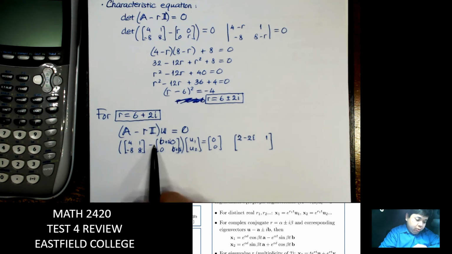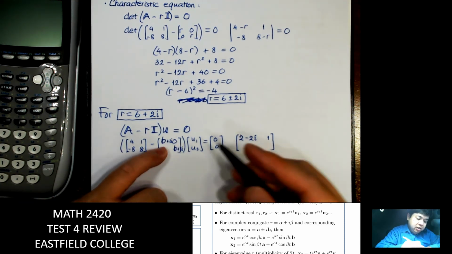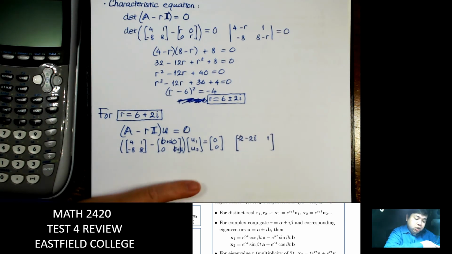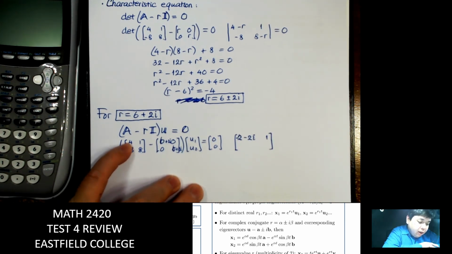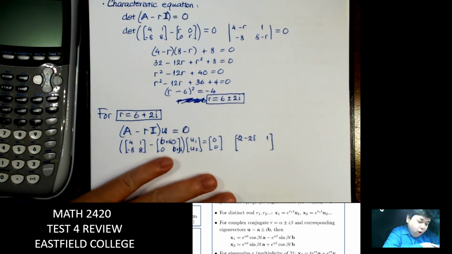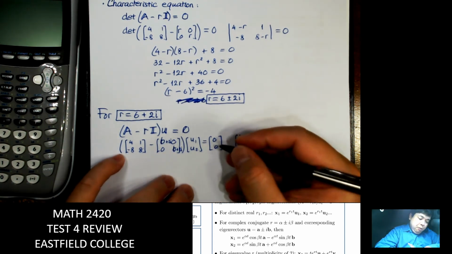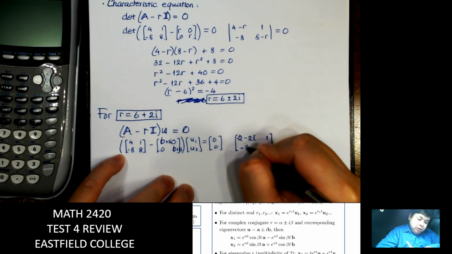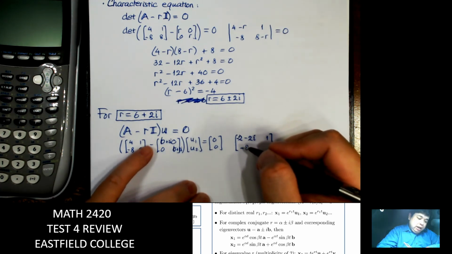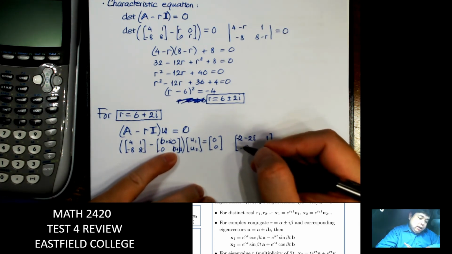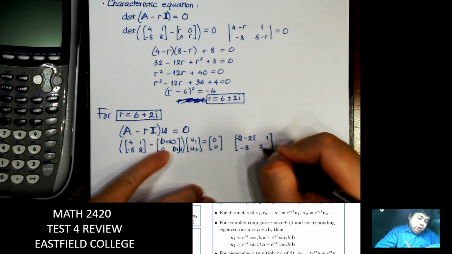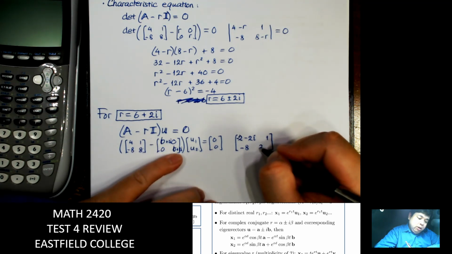So 4 minus 6, sorry, is minus 2 minus 2i, and then 1, minus 8, and then a minus 6 is 2 minus 2i.